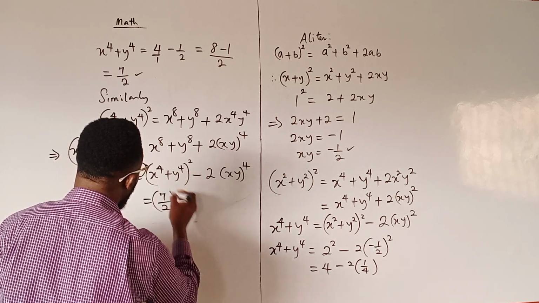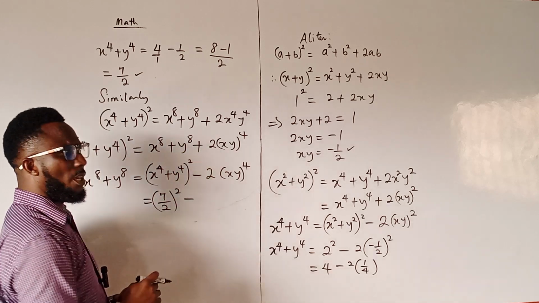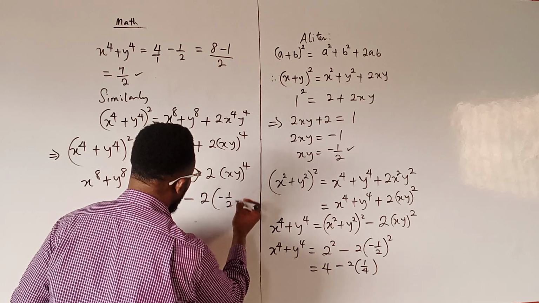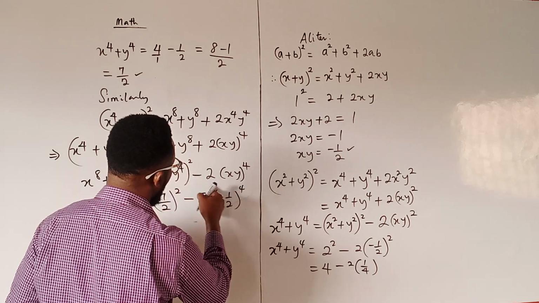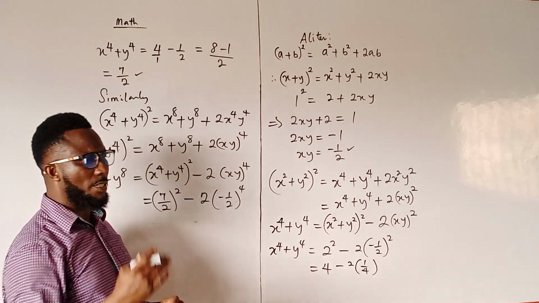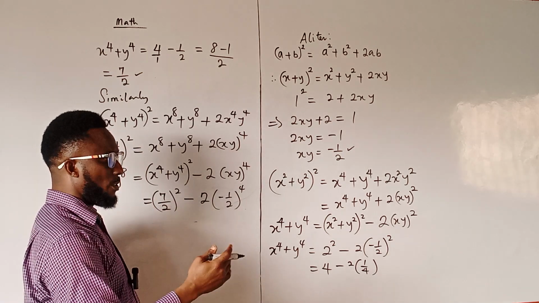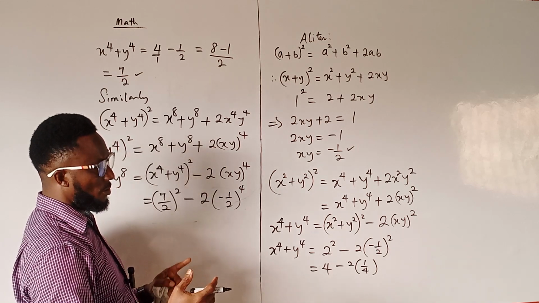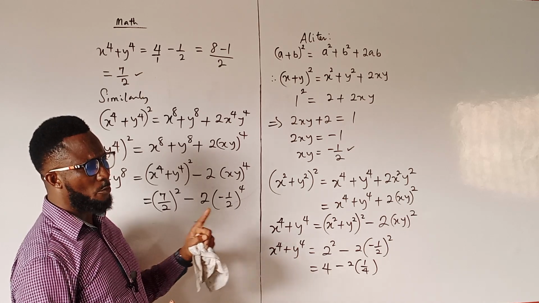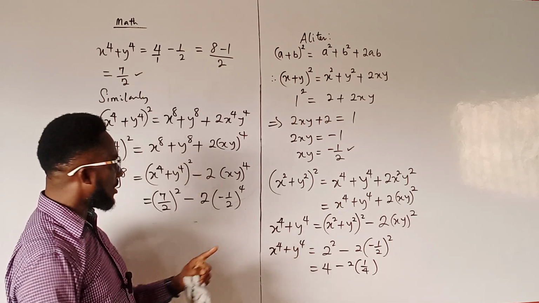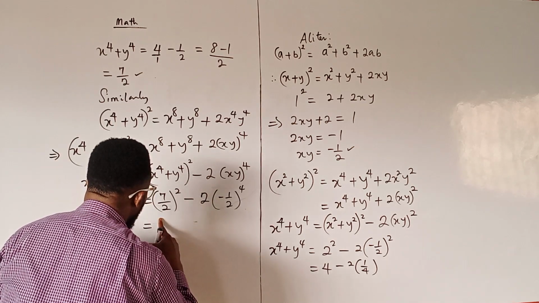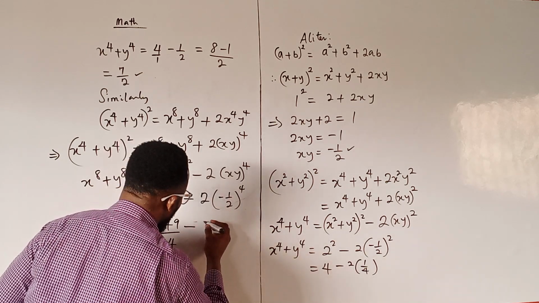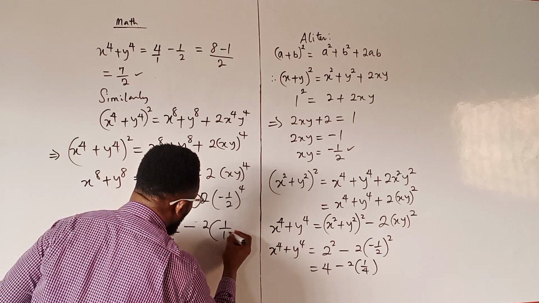So 7 upon 2 squared minus, sy is negative half, 2 into negative half to the 4th. Negative half to the 4th is negative half multiplied by itself 4 times. One pair will be positive, the other pair positive. So 1 over 4 multiplied by 1 over 4 will be 1 over 16. So here we have 7 squared is 49, 2 squared is 4, and here 2 into 1 upon 16.